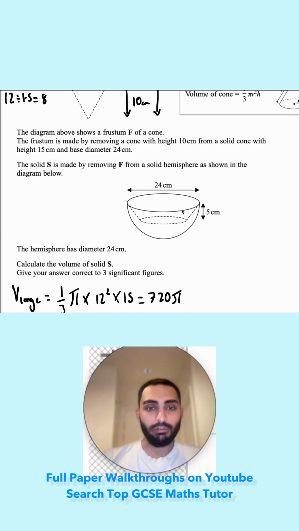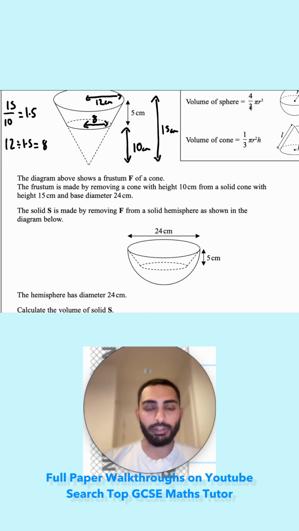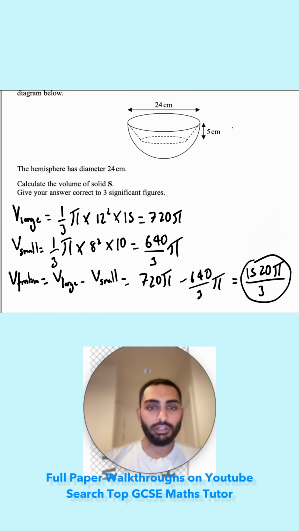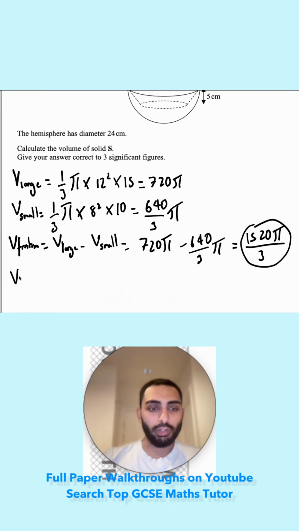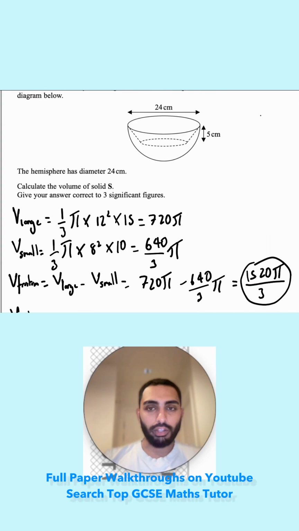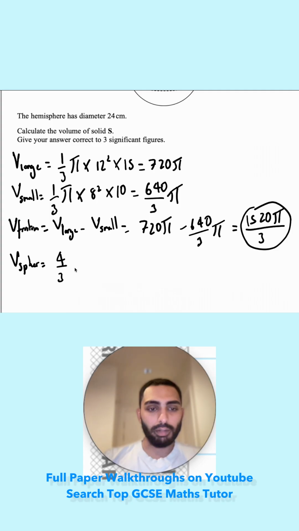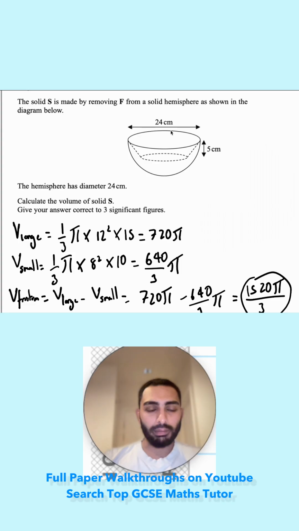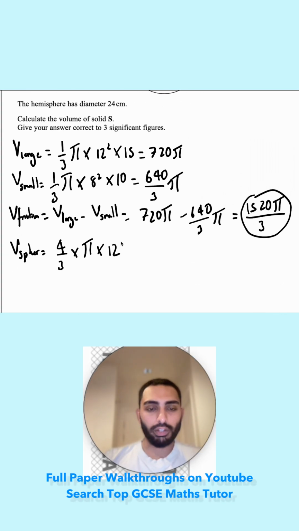Next, we need to find out the volume of this hemisphere. So we've got the formula for a sphere, but we need to find a hemisphere, so we're just halving whatever value we get for this. So let's substitute these values in. The volume of the sphere is 4/3 pi r cubed. Here the diameter is 24, so the radius will be 12 centimeters. So 12 cubed.